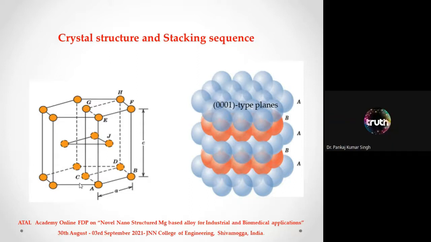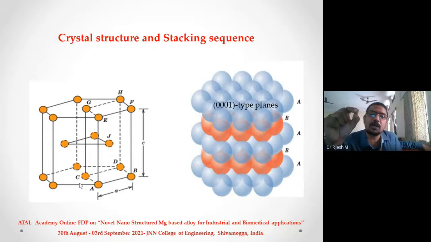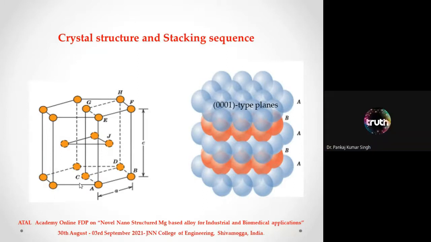Sir, what is the difference between the grain boundaries and sub-grain boundaries? Grain boundaries are the high energy sites where a new phase can nucleate. For example, a place called a triple point where 3 grains meet.